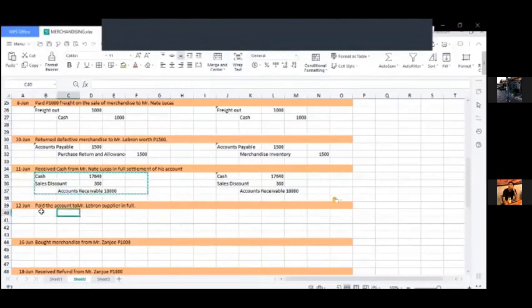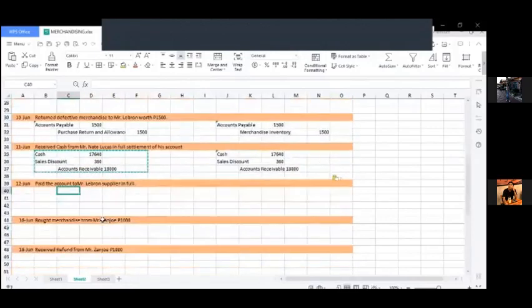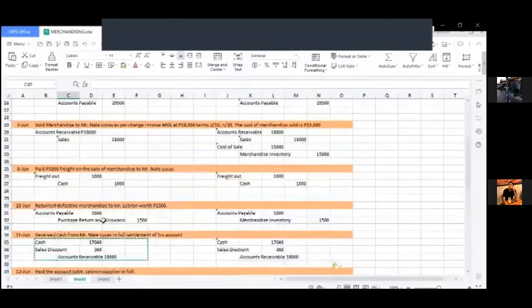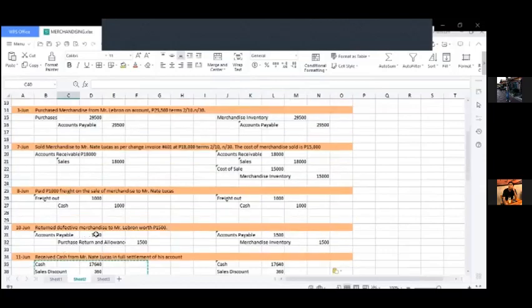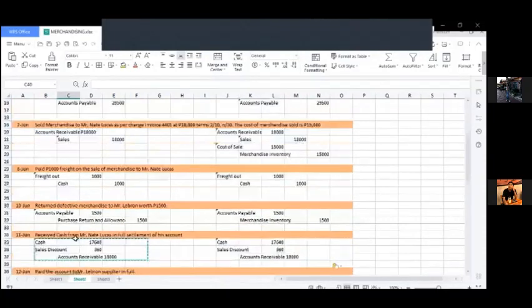So, noong June 12, paid the account to Mr. Lebron supplier in full. So, si Mr. Lebron, dito yung nag-return tayo, no? So, ibig sabihin, yung 29,500 na yan, ililess natin yung ni-return natin kay Lebron na 1,500.